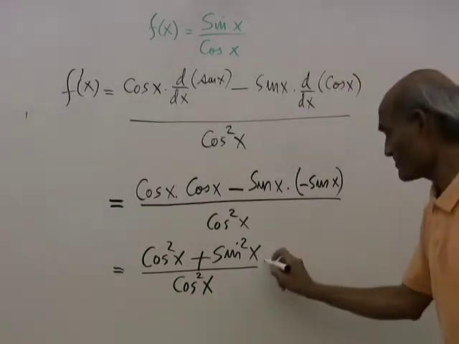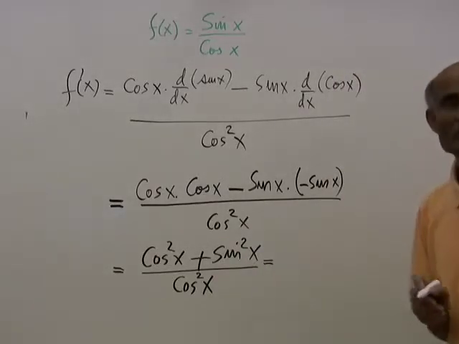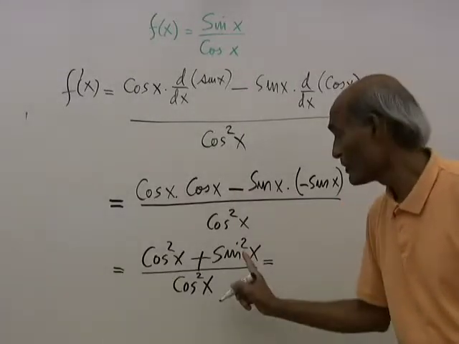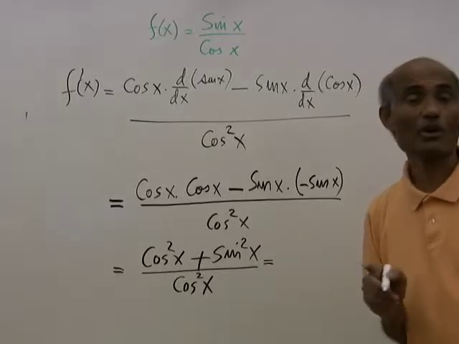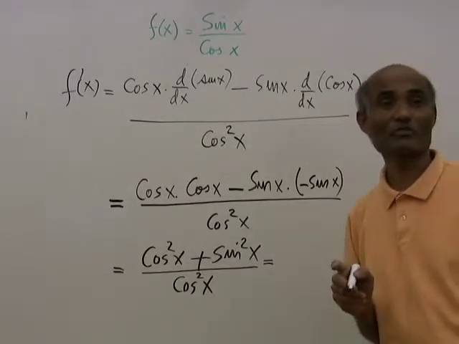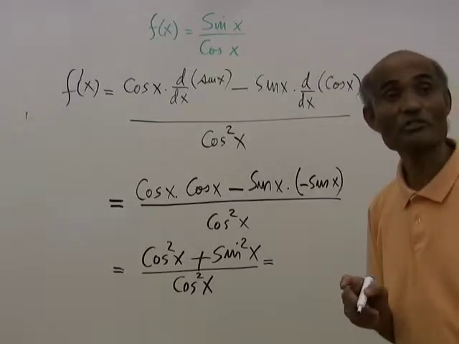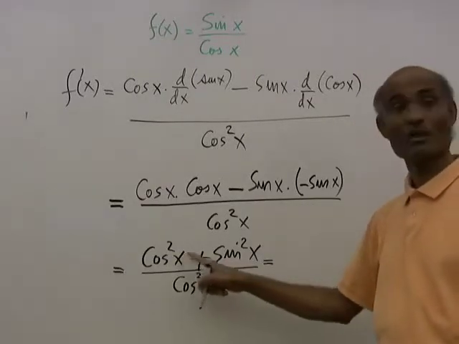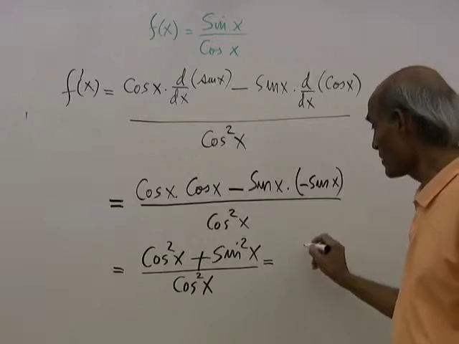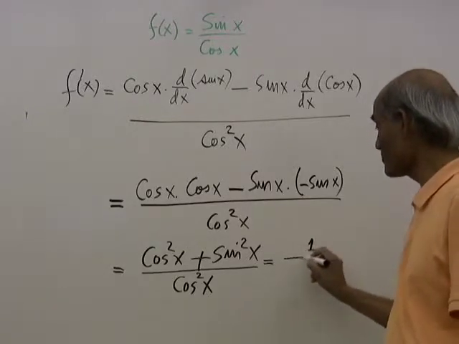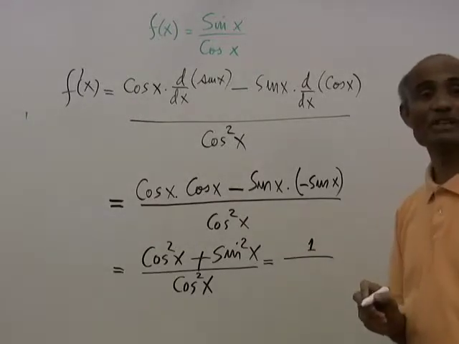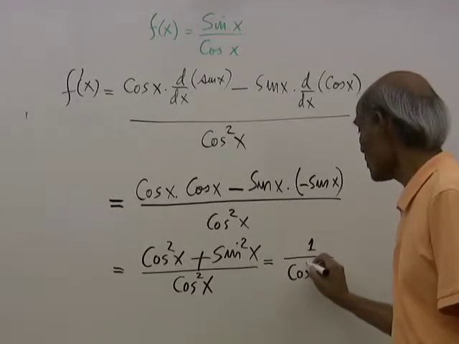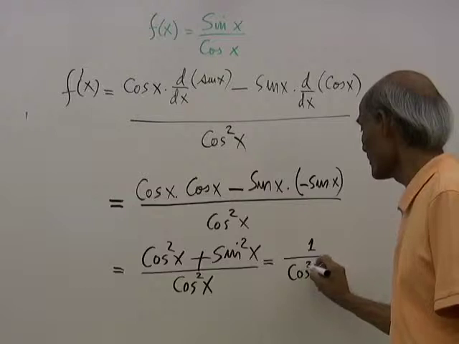Okay, now you help me simplify this. What is the value of the numerator? Sine squared x plus cos squared x, or cos squared x plus sine squared x. That is one of the first identities that you do in trigonometry. Is that right? Cos squared x plus sine squared x is 1. So the value of the numerator is 1, and the denominator is cos squared x.